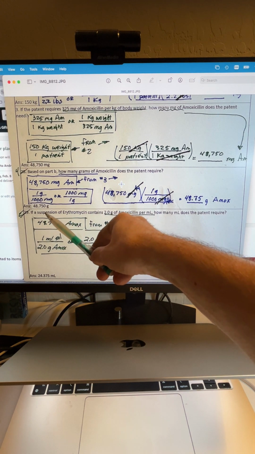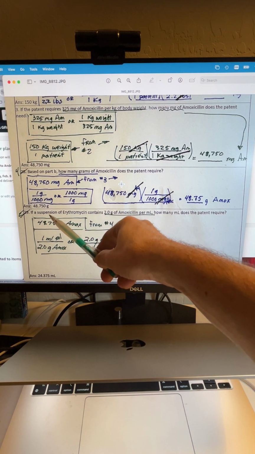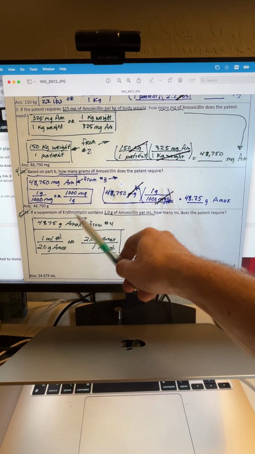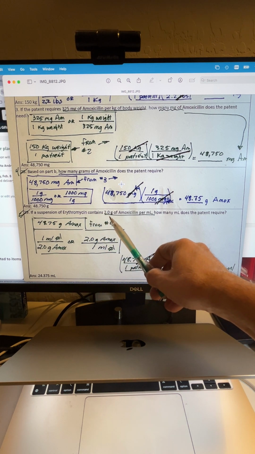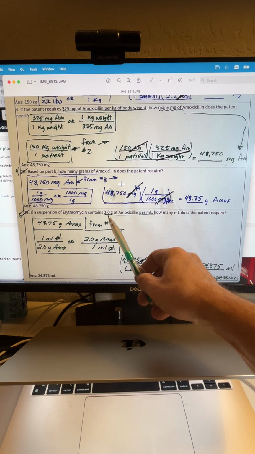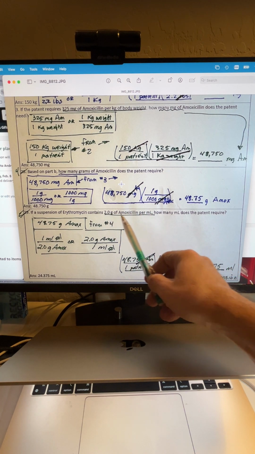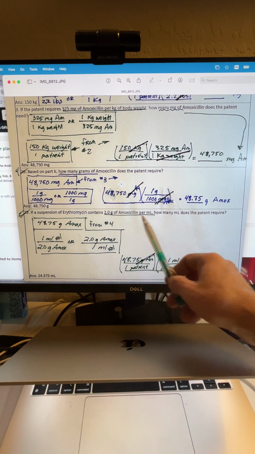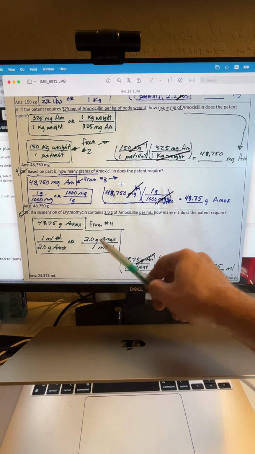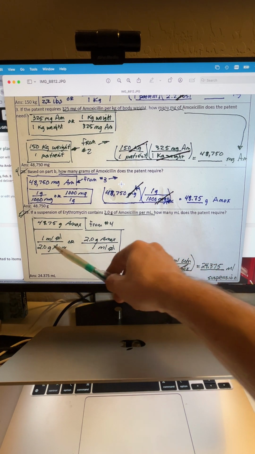All right, let's look at the last one. Let's see, suspension, that just means the medicine that you're going to give. It's supposed to say amoxicillin right there, not erythromycin, sorry. See, I messed it up. So we start out with, there's the information we're given per milliliter, and look, I did the conversion factor with milliliters on the top, milliliters on the bottom, and we'll choose one.